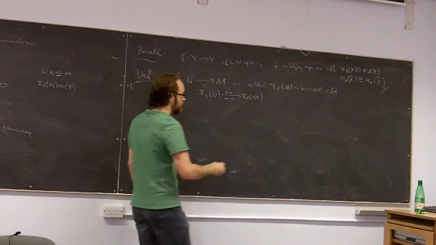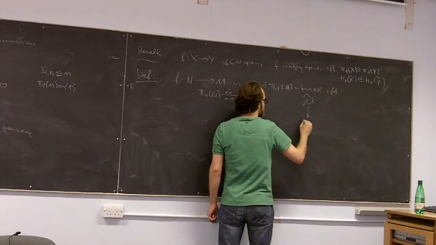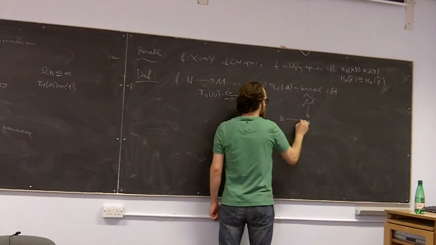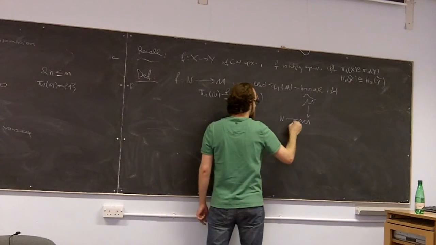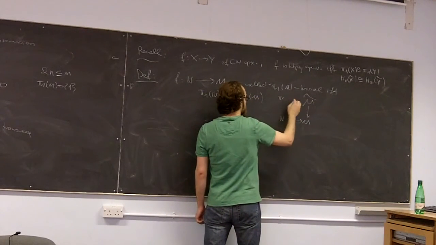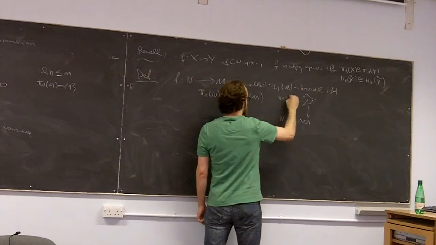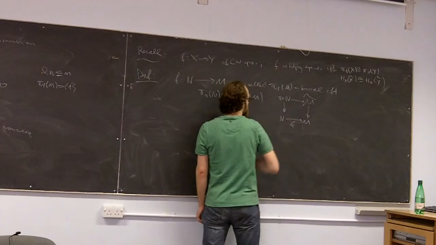So what does it mean? Here's the universal cover, here is another projection, here's f. We can pull back the cover. Since the map is trivial on pi 1, this is a trivial cover. And so of course we get the lift here.